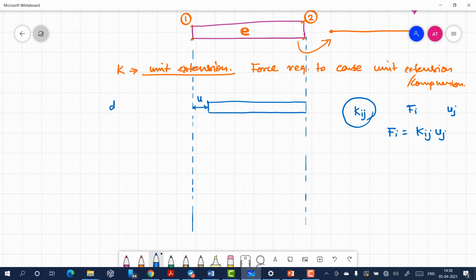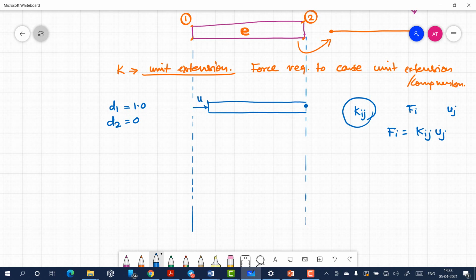So we define that the displacement we are offering at node number 1 is 1.0 units, and displacement at node number 2 we are defining as 0. So if we are doing that, then there will be forces coming up, and what will be the force and what will be the direction of the force?